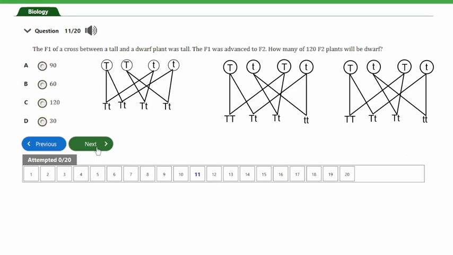So in this case, we have 8 here in this second filial generation. We have 8 offspring, so we have 2 over 8 times 120, and that's 30. So guys, the correct answer to this question is option D, and that's 30.